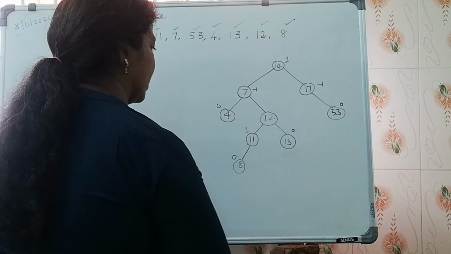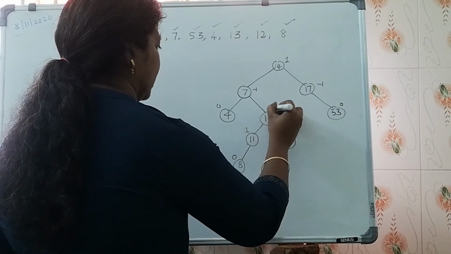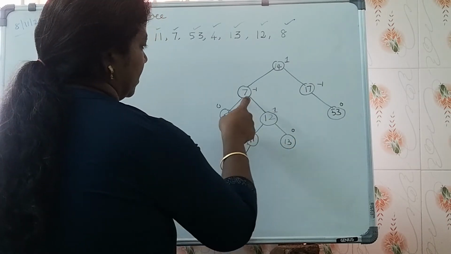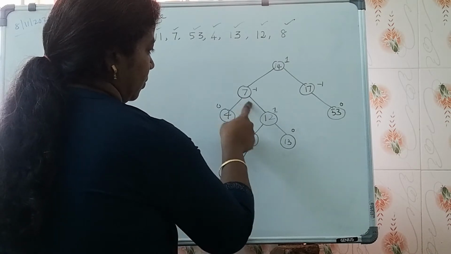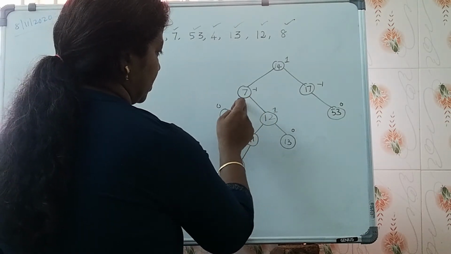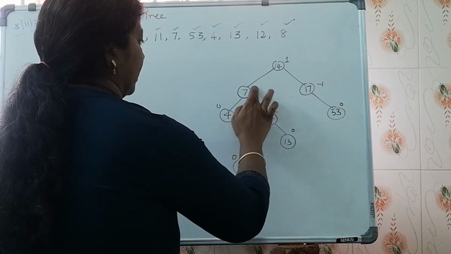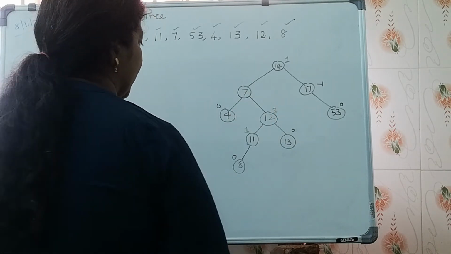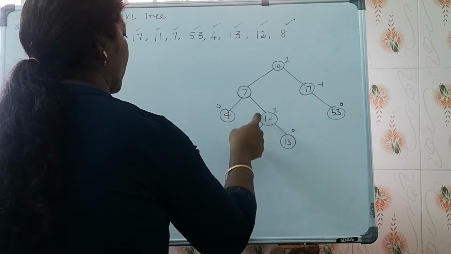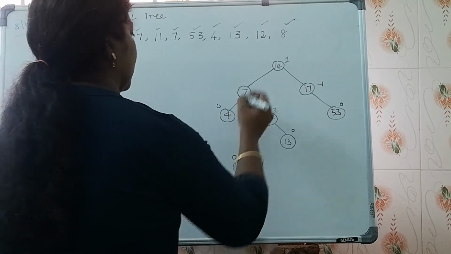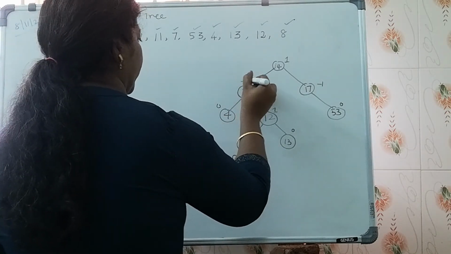Okay, so the balance factor is 1 for this. Now you look at this, 1, 2, 3. For this node, left side is 1, 1, 2, 3. So 1 minus 3 is minus 2.